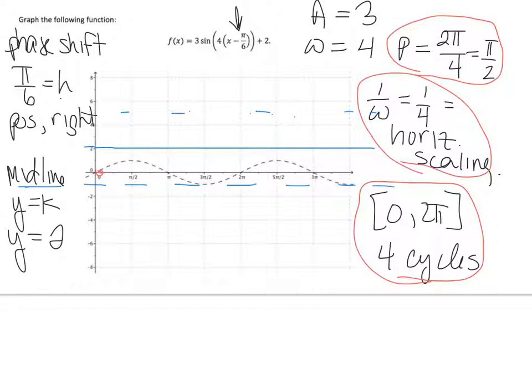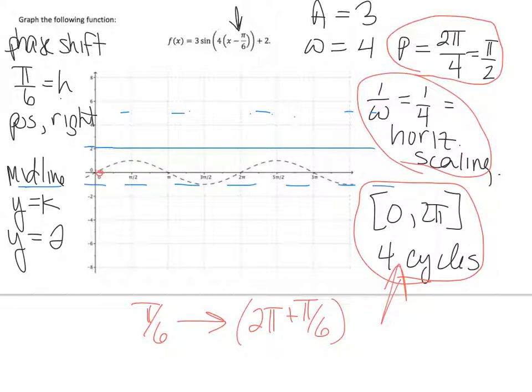To do this well, I really wish I would have had a pencil. So we're trying to get 4 cycles in between pi over 6 to 2 pi plus pi over 6. So you can eyeball it with a pencil. And we're starting up here because we phase shift.